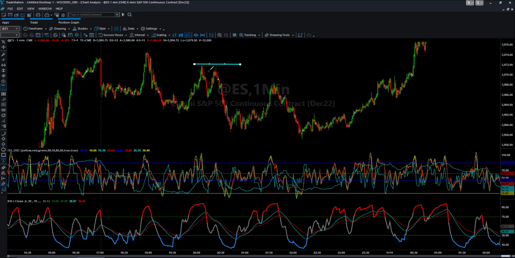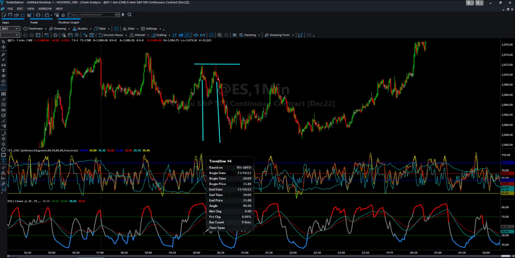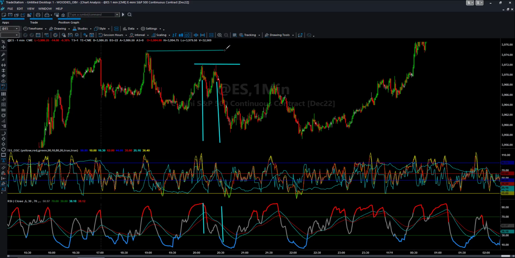Is it at the same level as here or not? If you look down all the way and compare the volume, volume is here in this section, and the volume is here in this section. Obviously, the volume has not confirmed that it's going to break out and test this level.